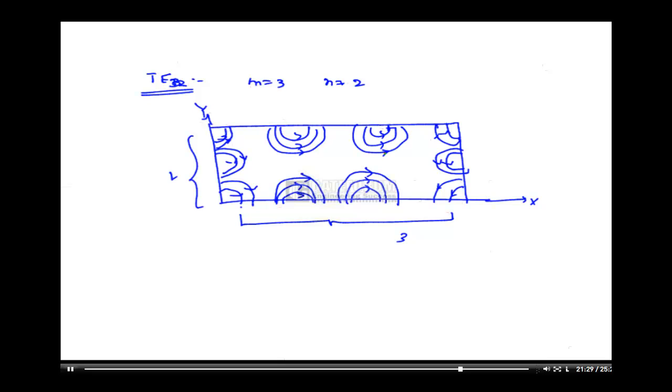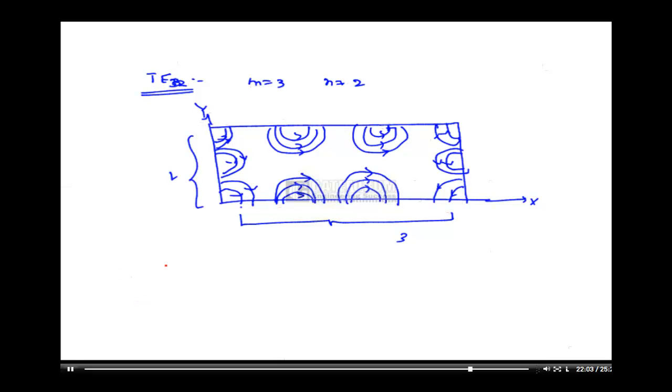Like this we can easily represent the electric field lines on the walls for the TE32 mode. Like this we can draw TE lines for any general m and n values. Remember, this is just a way to remember by looking at the picture, so we can say easily what the mode is. Don't think that this is the exact way to draw the lines.